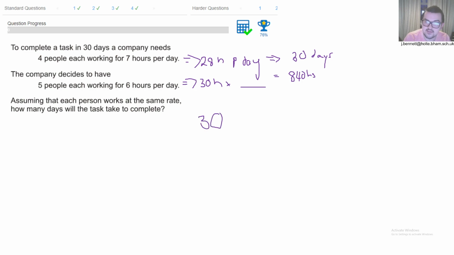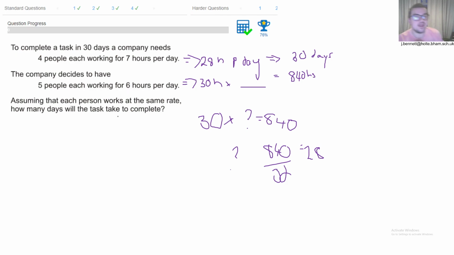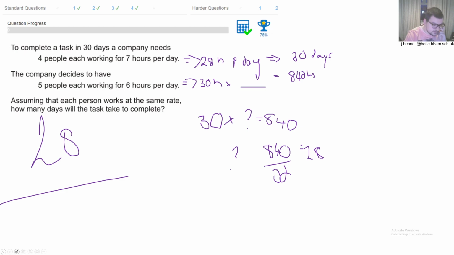So 30 times something equals 840. Well, we just divide both sides by 30. And that gives us 28. So, how many days would it take to complete now? It will take 28 days to complete. There is your answer. And that is what I nearly got for not reading the question correctly.